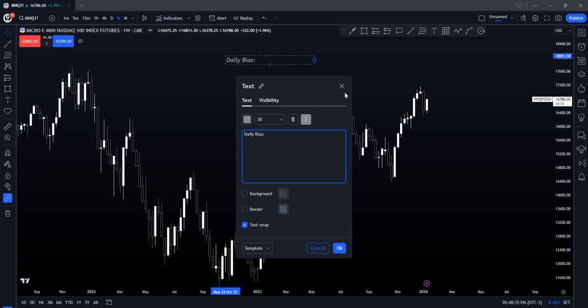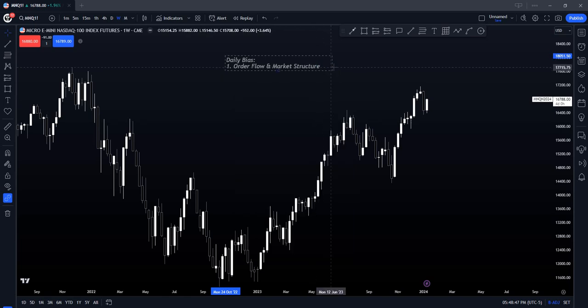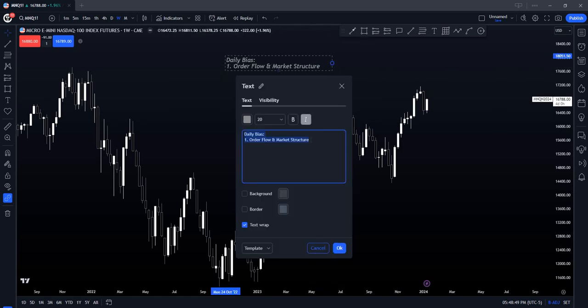Let's do it like this. First step, you're going to want to find order flow and market structure. That's the first step. Second step is recent liquidity taken.